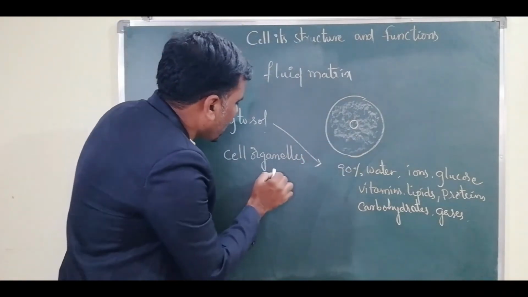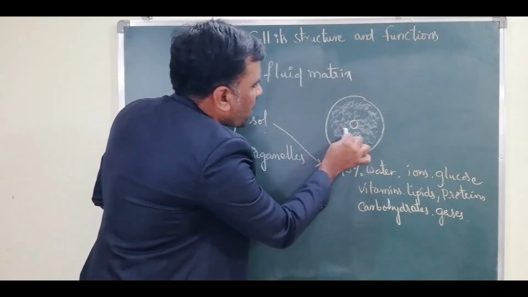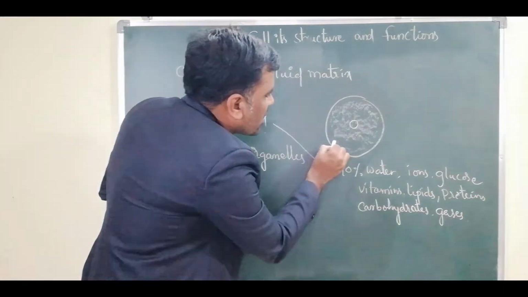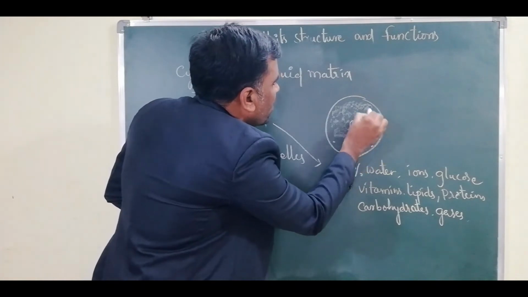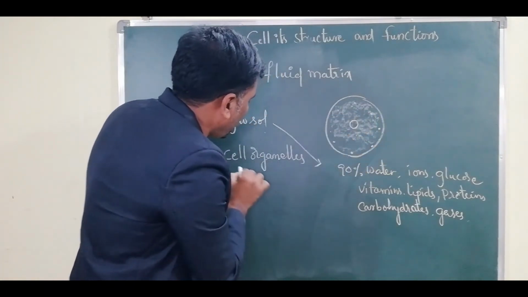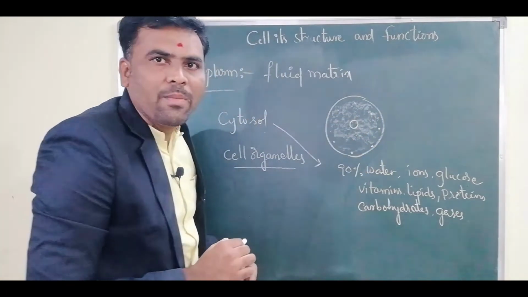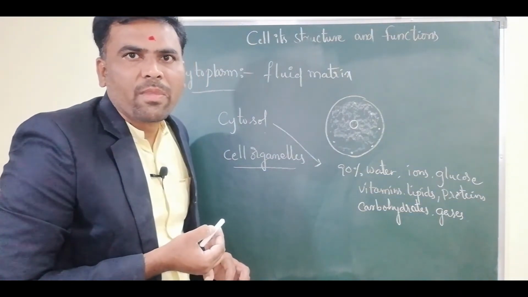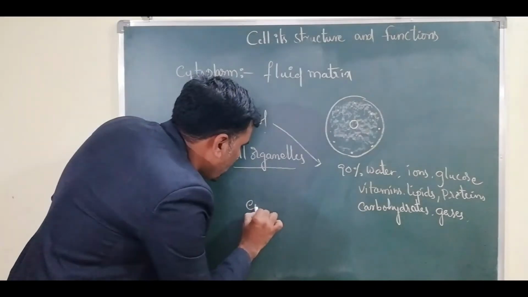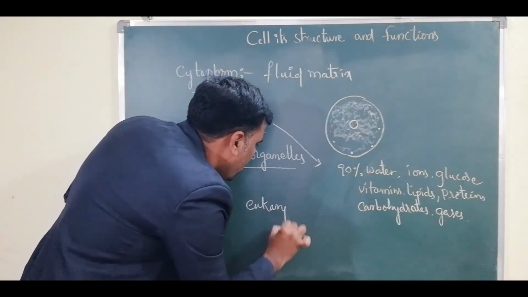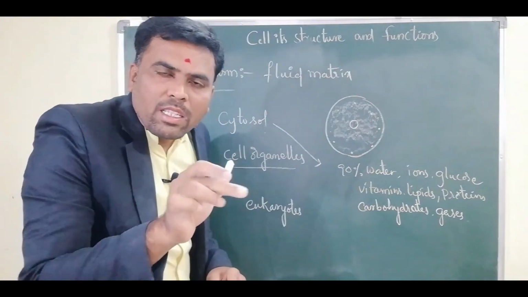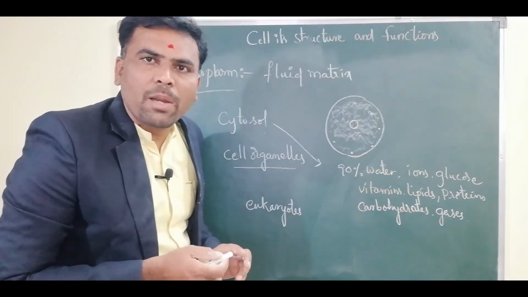Next, cell organelles. If you observe the cytoplasm under the electron microscope, we can find granule-like structures present here and there. These granule-like structures are called cell organelles. These cell organelles carry out different kinds of functions. In eukaryotes, these cell organelles are enclosed by a special membrane.